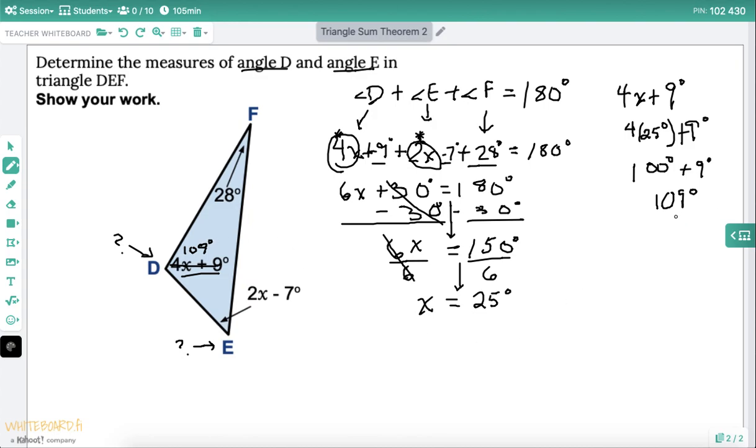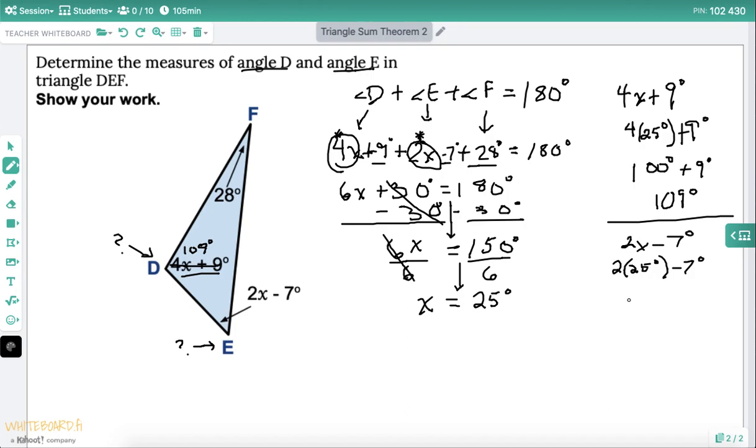Okay. Now we're going to go on to angle E, which is represented by 2x minus 7. And we know that x is 25, so we substitute 25 degrees for x. And again, this is not difficult.